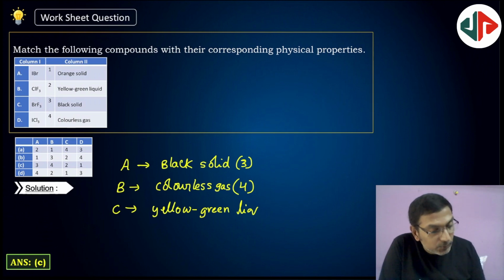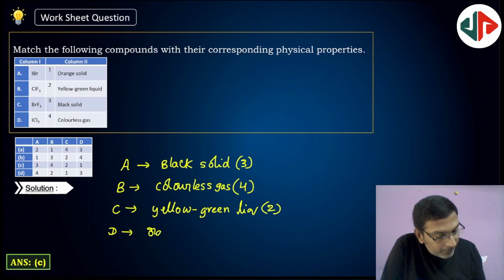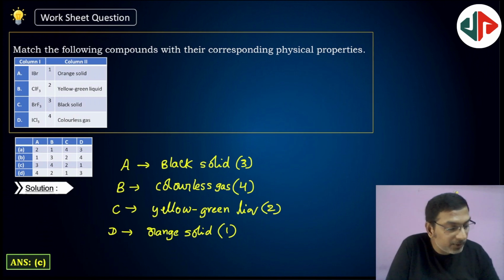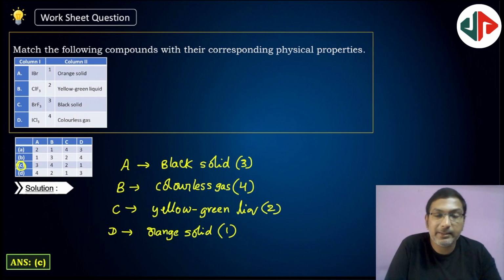So which is 2. Last D, ICl3 is orange solid. That is 1. So 3, 4, 2, 1. Option C. Just it is only colors, physical property.